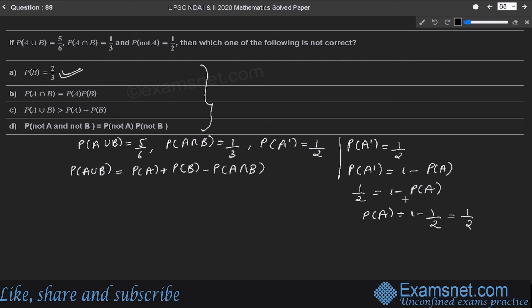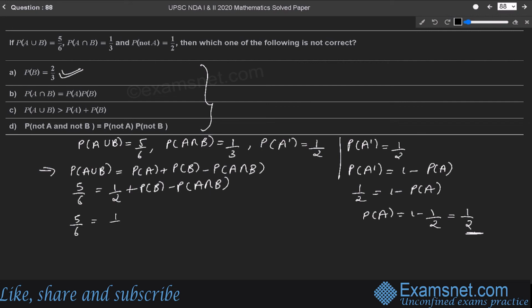So the value of P of A is 1 by 2. So now putting the values in this formula, we will get 5 by 6 is equals to 1 by 2 plus P of B minus P of A intersection B. And we have the value for A intersection B also.